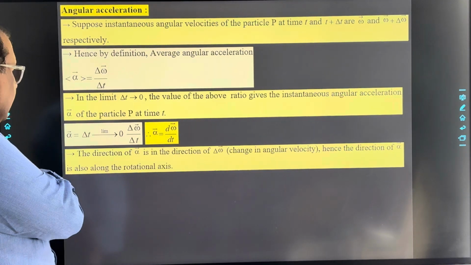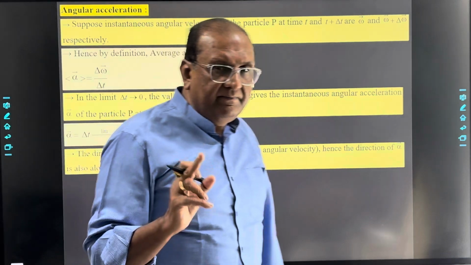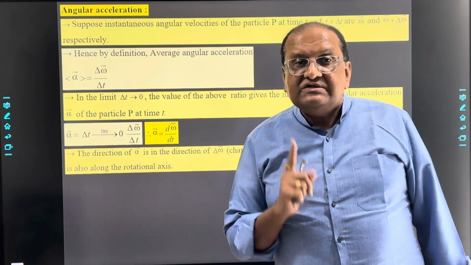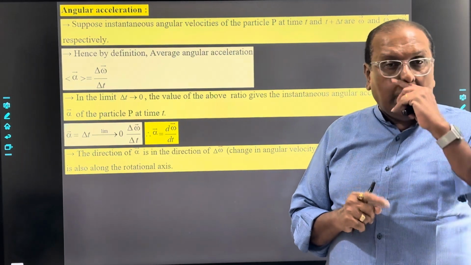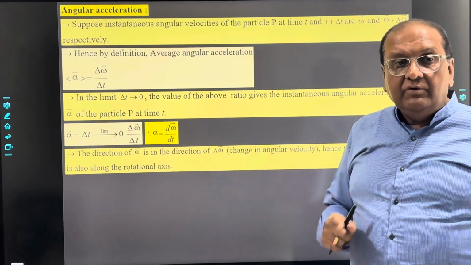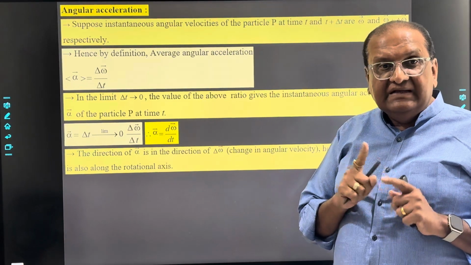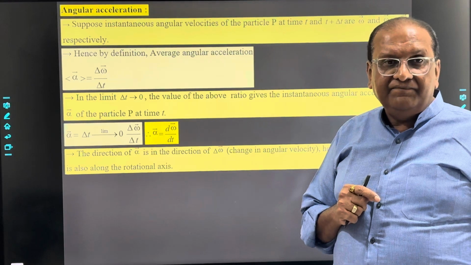Now, the direction of alpha. Be careful here, very important thing: it is not necessary that alpha is always in the direction of omega. You have to remember this. It is in the direction of change in angular velocity.